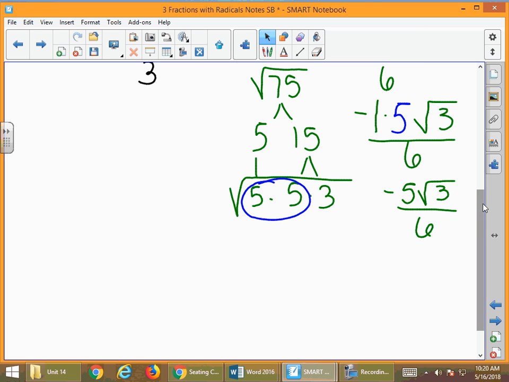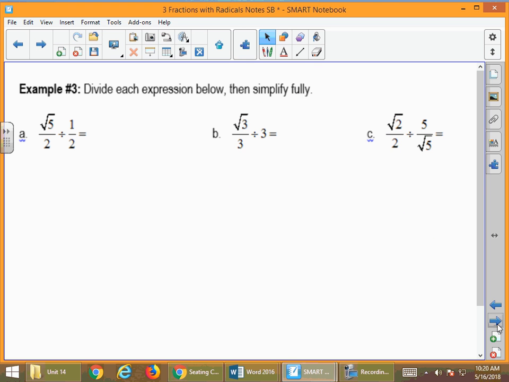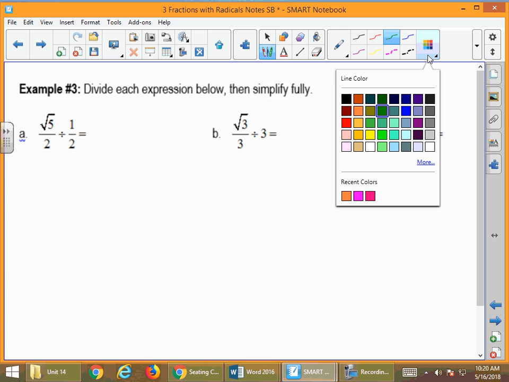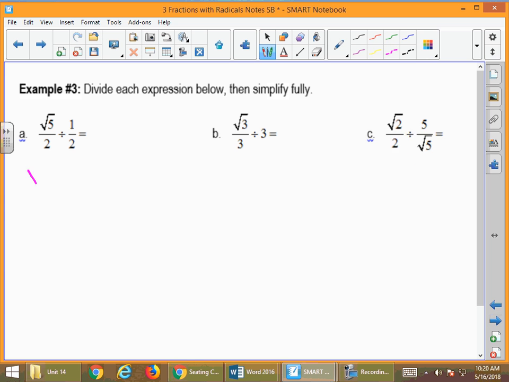There's the multiplication with the radicals in it. Division, as we move on to our next ones here, division. When dividing, don't ask why, flip the second one and multiply. So on letter A, when dividing, don't ask why, flip the second one. So it's going to be the square root of 5 divided by 2 times 2 over 1.